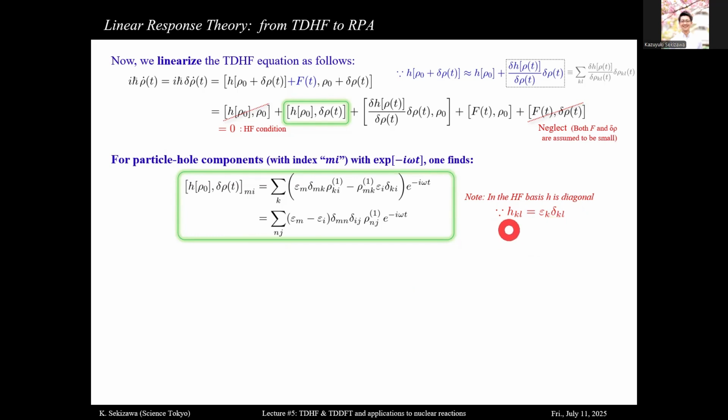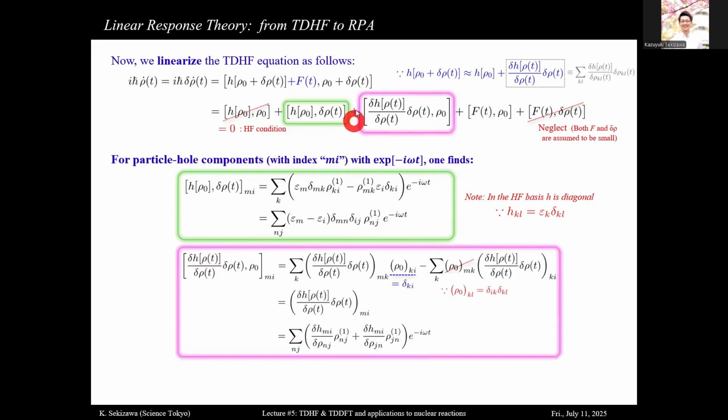So you can put this condition into the equation, and then you can get this equation. I just put the assumed form of delta rho here. So now you already have something you observe in the RPA equation from this term.